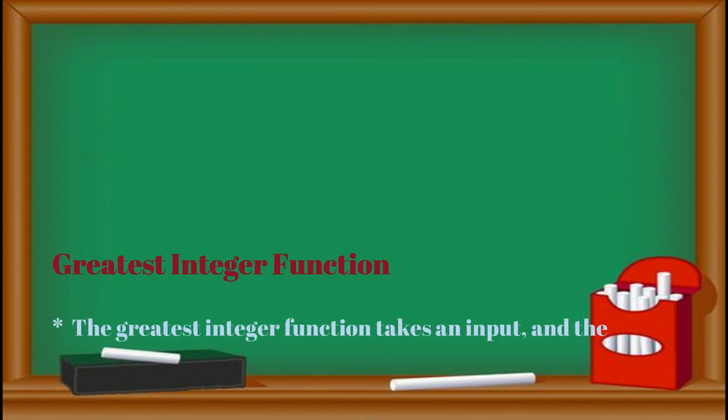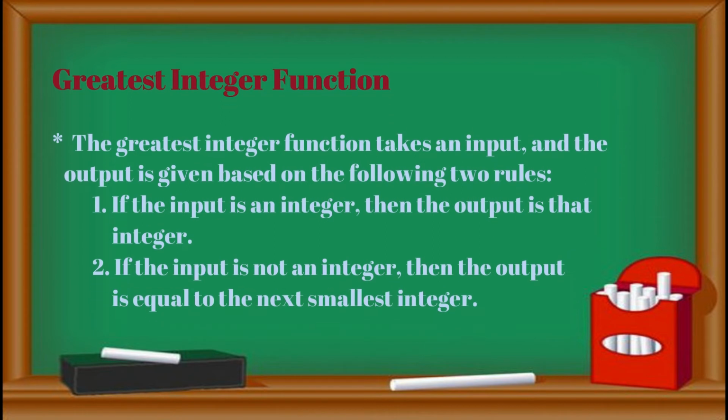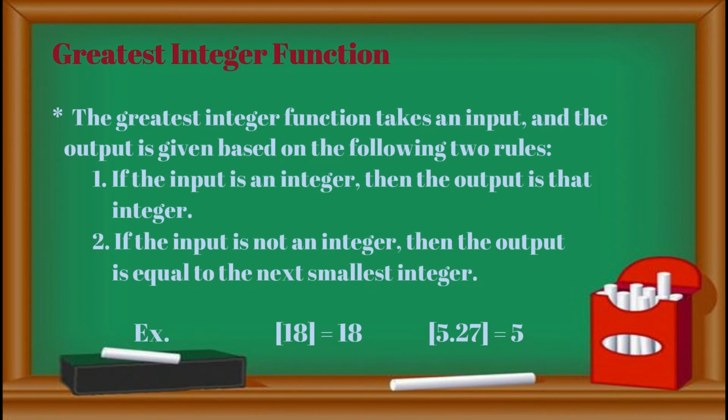The greatest integer function takes an input and the output is given based on the following two rules. If the input is an integer, then the output is that integer. If the input is not an integer, then the output is equal to the next smallest integer.